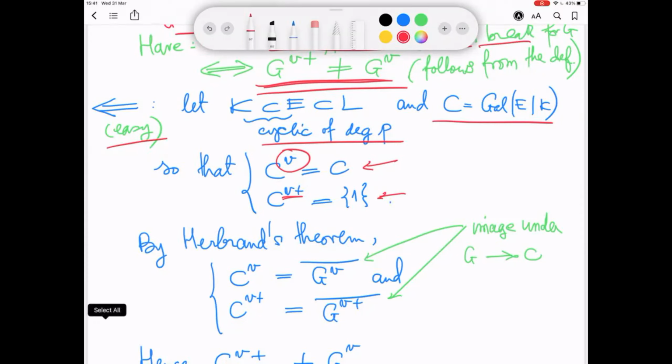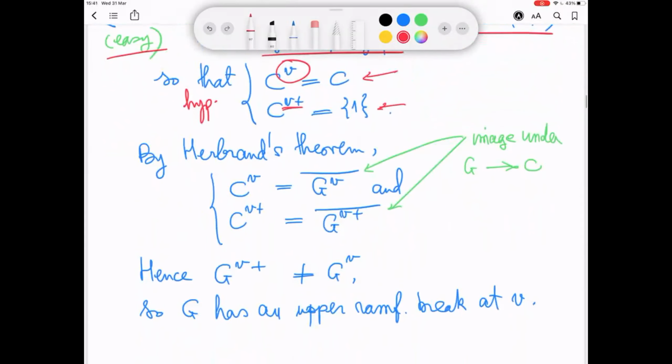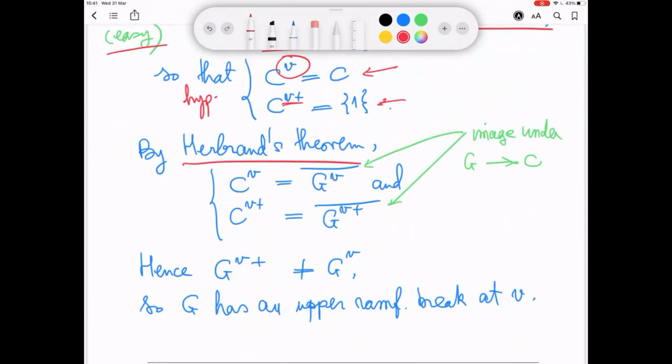That is the hypothesis, right? But what does Herbrand's theorem tell us?